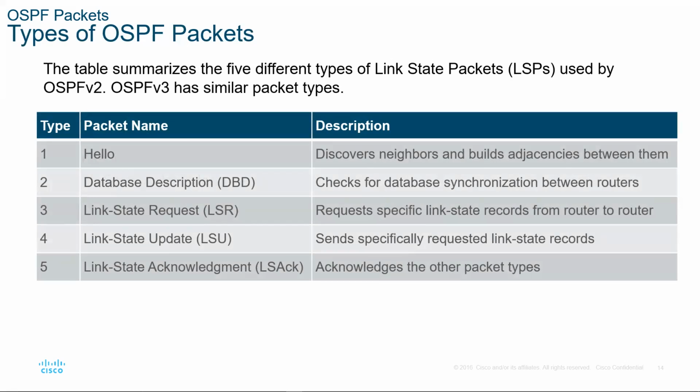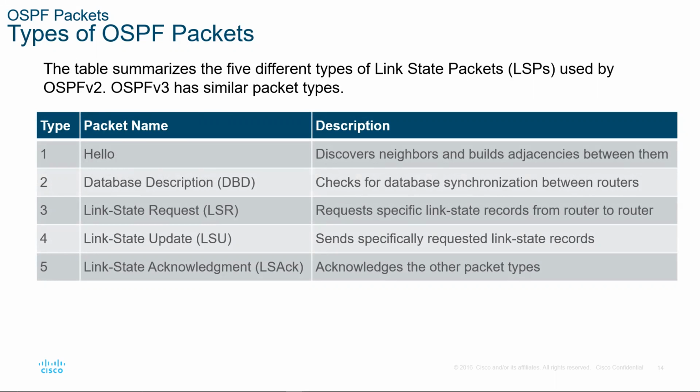Type 2 is the database description, and these are used to synchronize the information between devices. So the database is basically a big summary of all the links that it knows about.